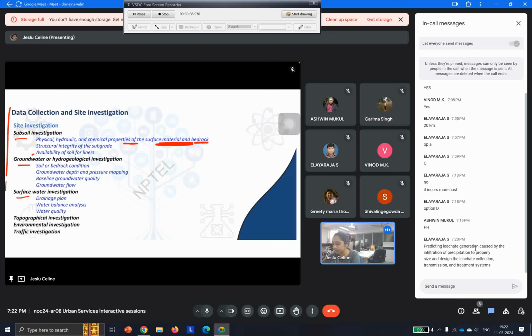So all this is done in the subsoil investigation. Then in the groundwater hydrological investigation, we look at the baseline of groundwater quality, then the groundwater depth and pressure, soil bedrock condition, groundwater flow, etc. And in the surface water, the drainage plan, water balance, water quality, etc.